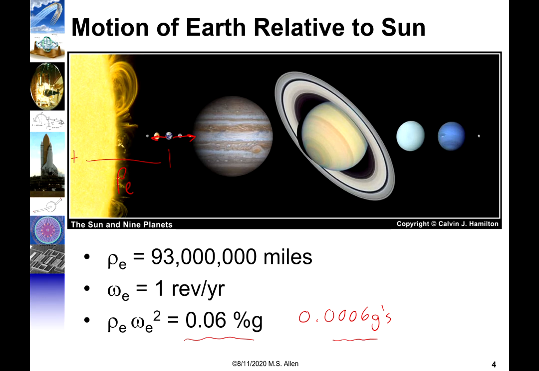If you weigh yourself at night, you'll find yourself weighing just a little bit less, right? And that could be motivation to keep up your exercise routine. Okay, so anyway, that is our motion relative to the Sun.